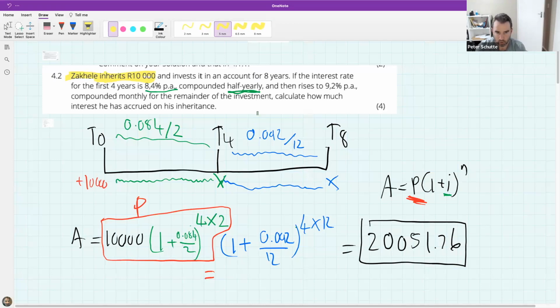Okay, now there's one part of this question which is a little bit different to before. Calculate how much interest he has accrued on his inheritance. Now, interest is the difference between what you start with and what you end up with. So can you work out how much interest he has got on his initial inheritance? What do I need to do to find out how much interest?